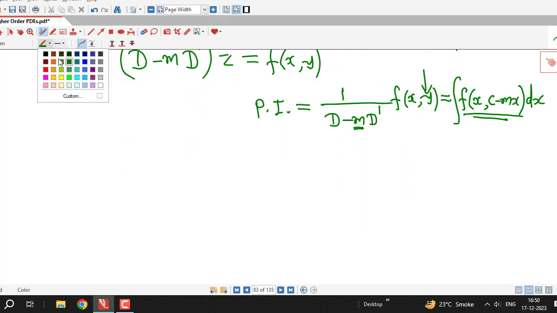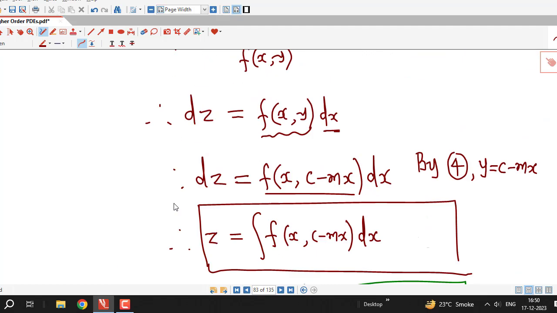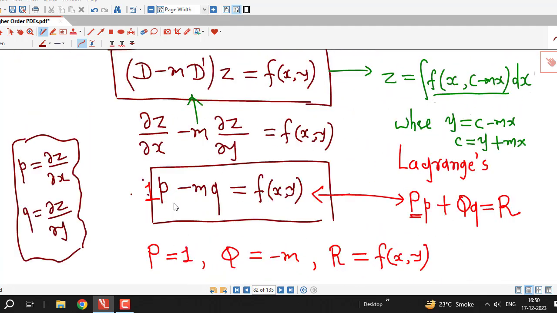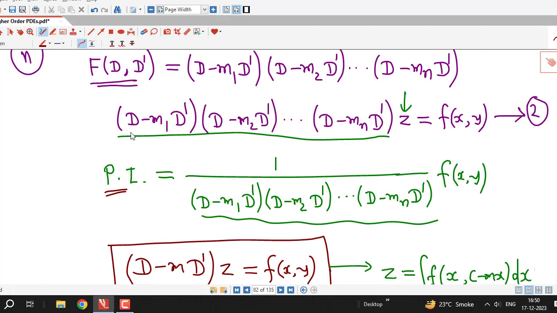So now you can observe that if we have a homogeneous function of degree n, suppose f(D,D') is a homogeneous function of degree n, then we will have this type of formula for the particular integral. So from the right hand side we will operate each of these factors on the function f(x,y), starting from this factor, then this factor, and so on.